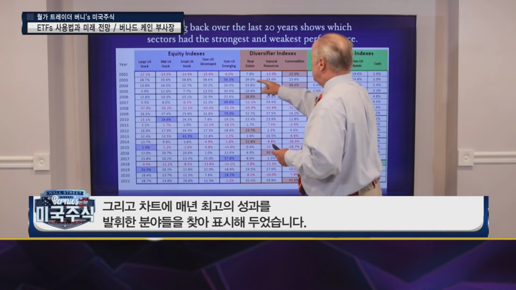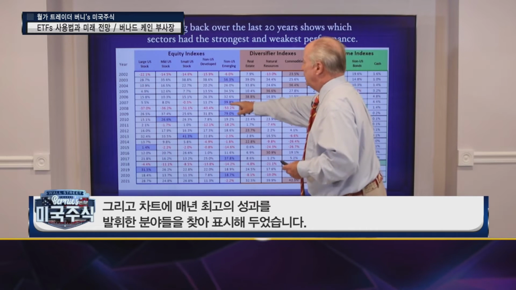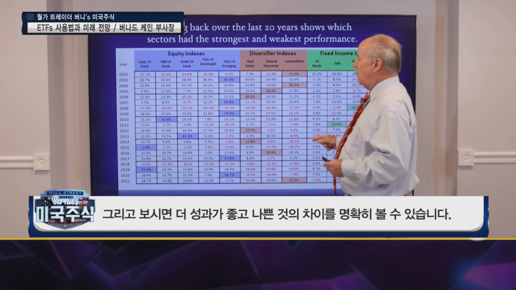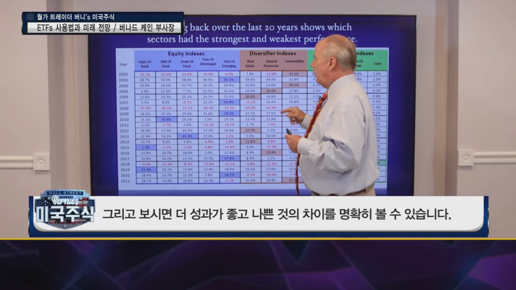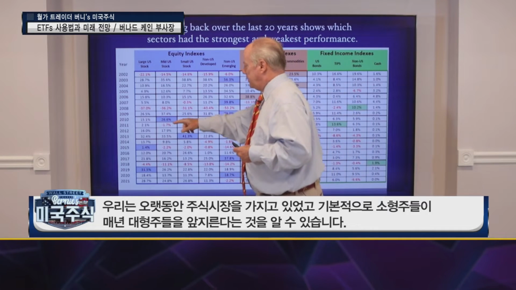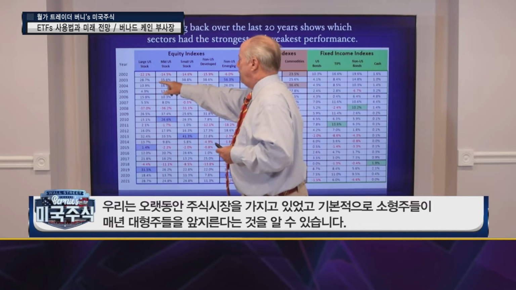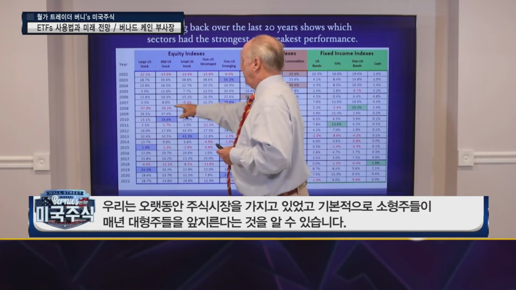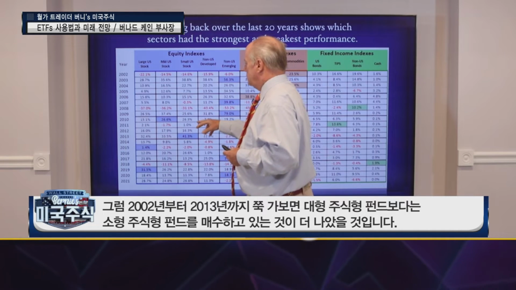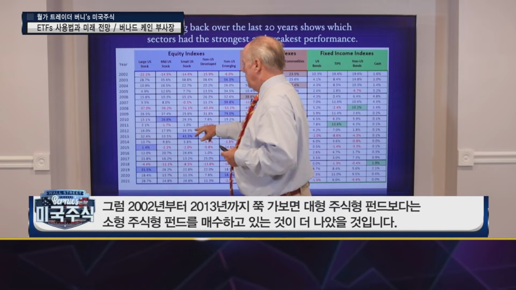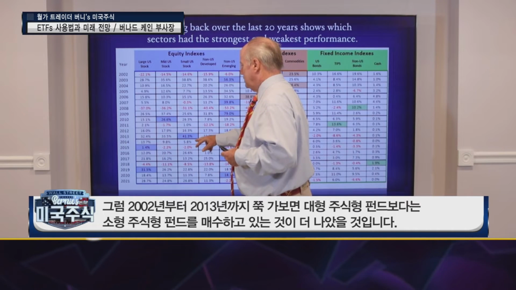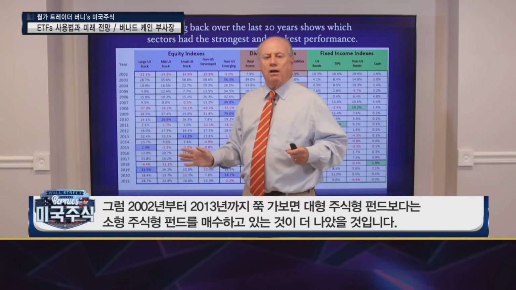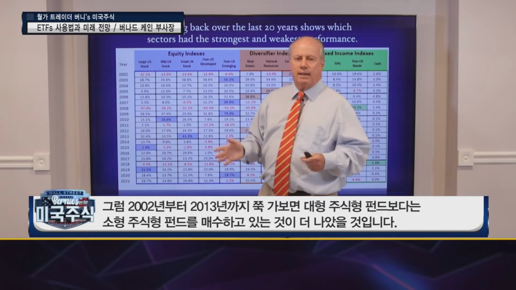So what we can see is I've identified the best performing space every year. And you can see it runs the gamut. So what we had for a long time was a stock market where the small cap stocks outperformed the big cap stocks year after year after year, generally speaking. So you go all the way from 2002 to about 2013, and you'd have been better off being in a small cap stock fund than a big cap stock fund.